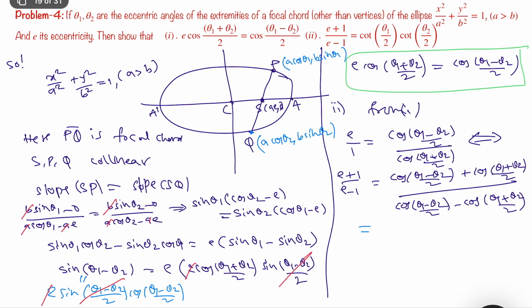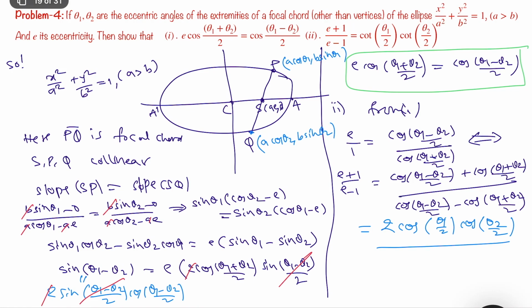If you work with the numerator here, 2 cos of (C plus D) by 2 simplifies to cos of theta 1 by 2. And (C minus D) by 2 here is going to be minus theta 2 by 2, but you don't have to write the minus, since cos of minus theta is the same as cos theta, so we can simply write theta 2 by 2. That is the numerator.